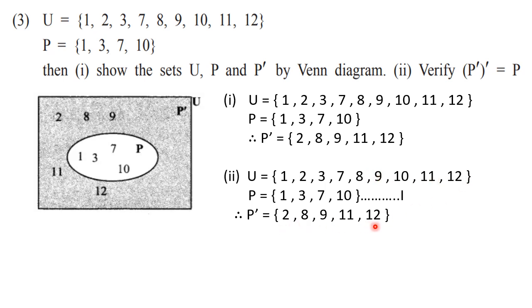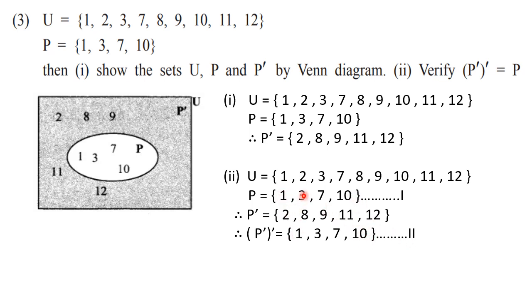These elements are present in P dash. So we are not going to write them. So the remaining elements are what? 1, 3, 7 and 10. So that is our P double dash. Okay. So P double dash contains elements 1, 3, 7 and 10. Number this as 2.